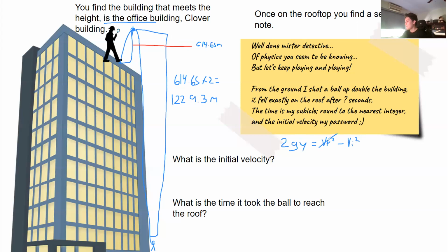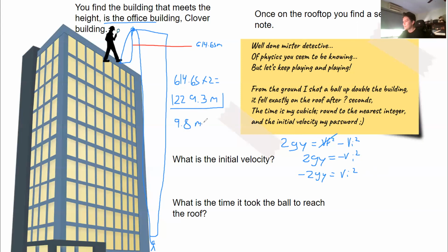Now we have to isolate so that the initial velocity gives us a positive outcome. So this will be the formula. Now we have to replace with the information that we already have, which is the height and the gravitational pull.